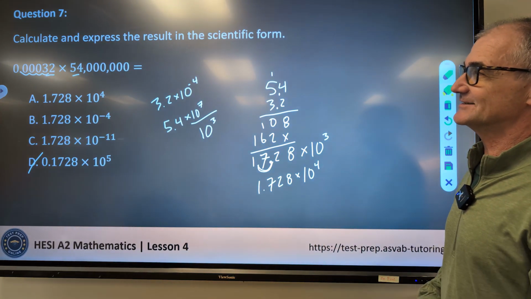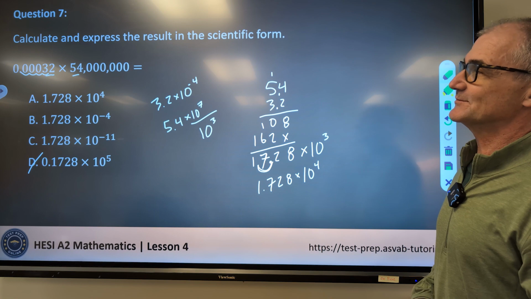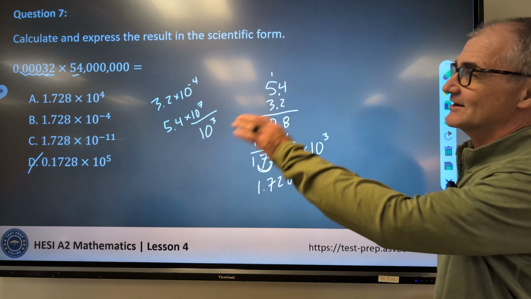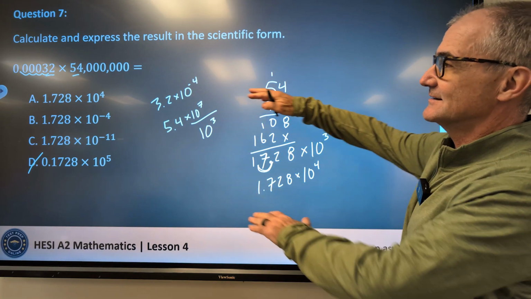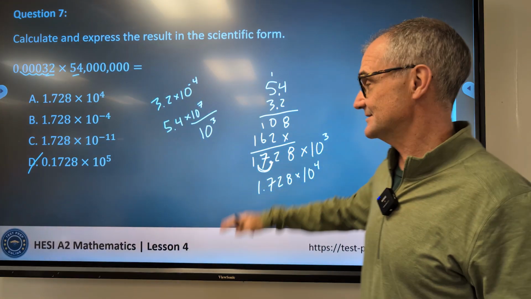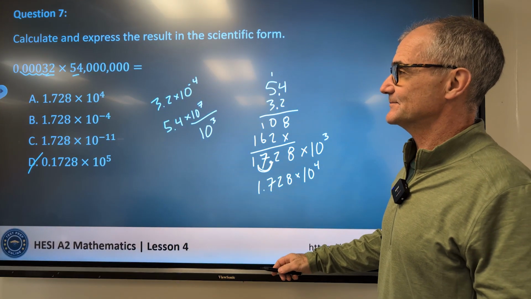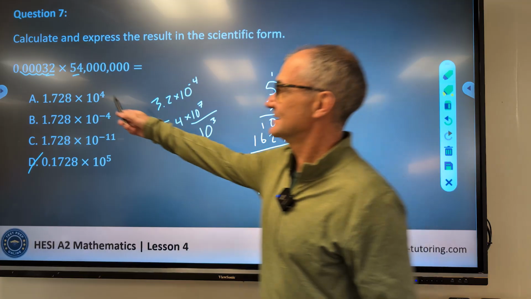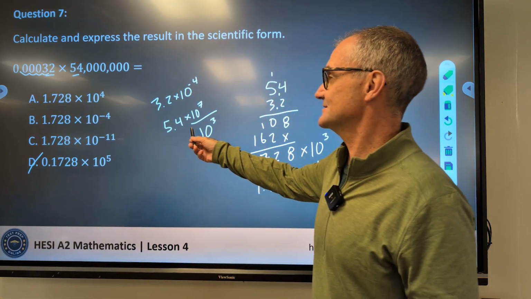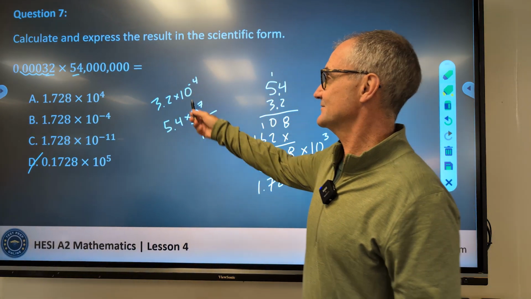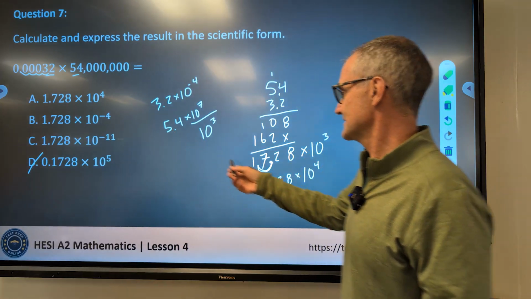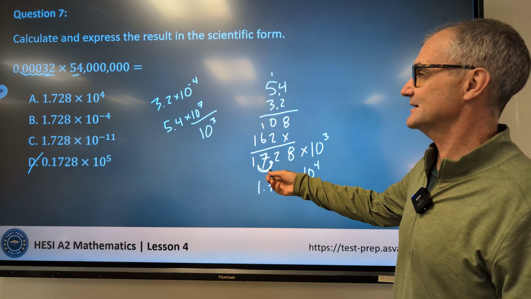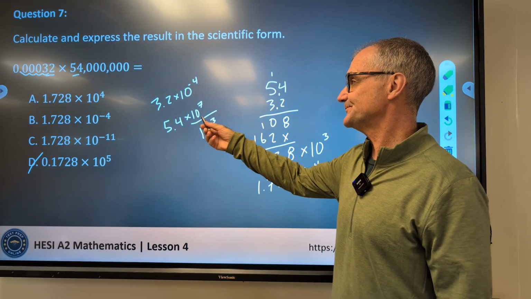I used a lot of different techniques, some of them to save time. I could have done all that long multiplication, kept track of all those zeros and filled the page up with zeros. But instead, I decided to convert to scientific notation first, and then figure out what this times this is, which was the 17.28, and then what the tens are.